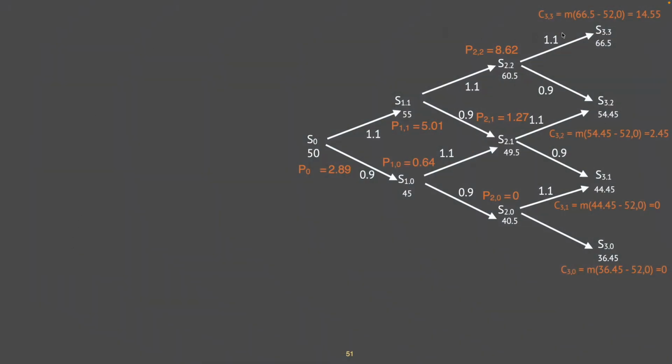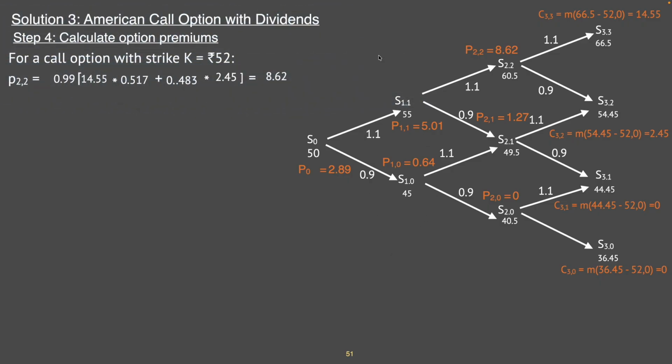So let us do this calculation, how the second and first stage node values are calculated. P22 will be what? The formula is e to the power of minus r into capital T, into p into C33 plus 1 minus p into C32. The e to the power of minus r into T is e to the power of minus 0.01 into 1, which becomes almost 0.99.